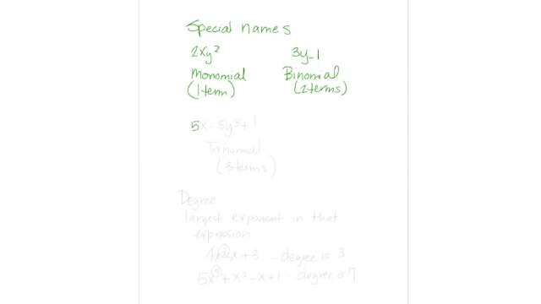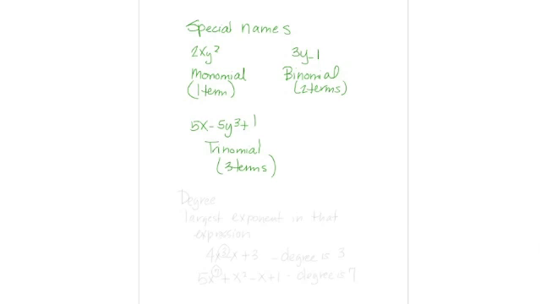And 3 terms is a trinomial, like a tricycle. You can also think of biplanes, things like that.